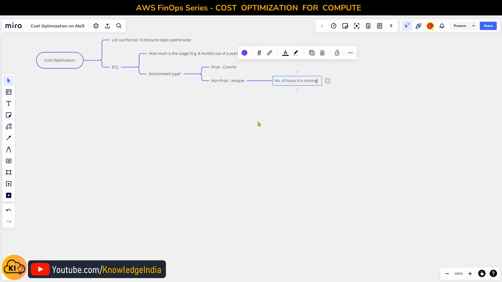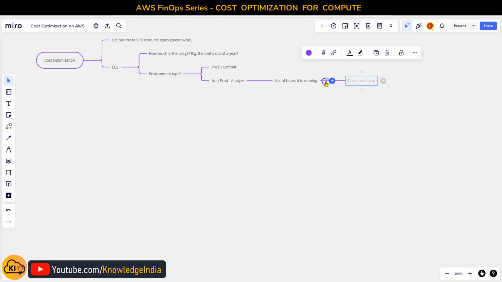If it works out to be roughly 8 months a year, then yes, you can go ahead and do the reservation. Otherwise you may choose not to do reservation, and go ahead and pay on-demand rates.